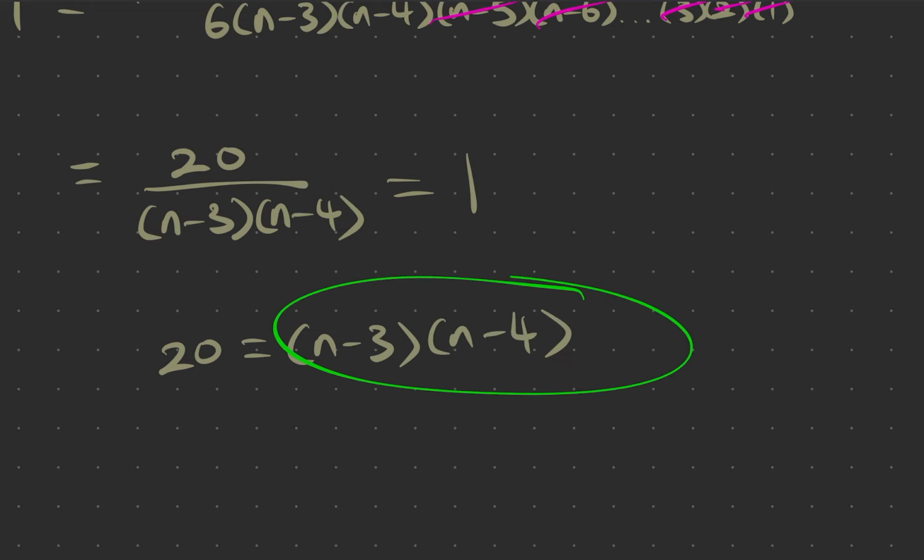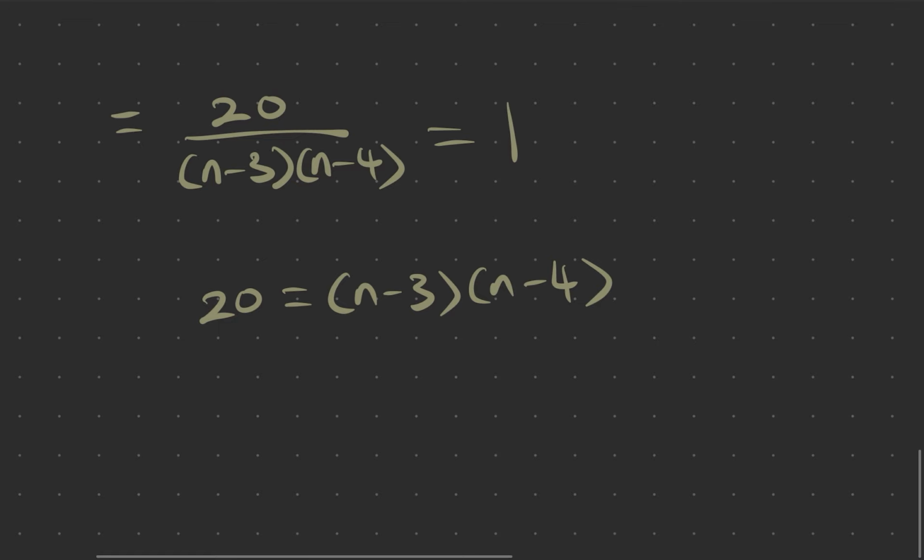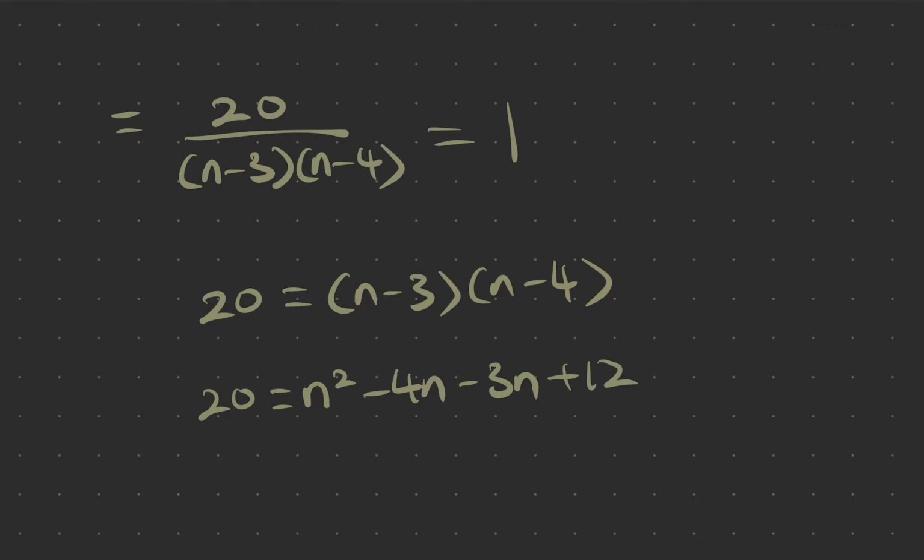So we're just going to expand these two terms together. So we'll get 20 equals n squared minus 4n, and then minus 3n, then plus 12. So we will end up getting 20 equals n squared minus 7n plus 12.